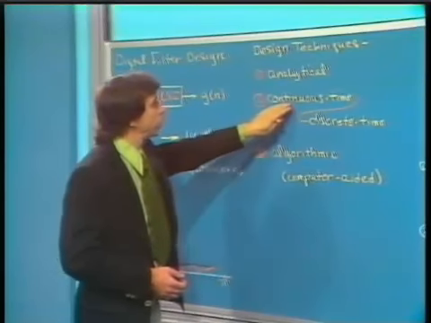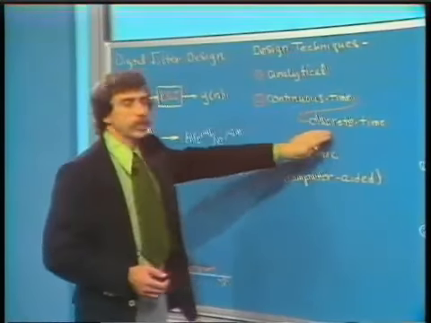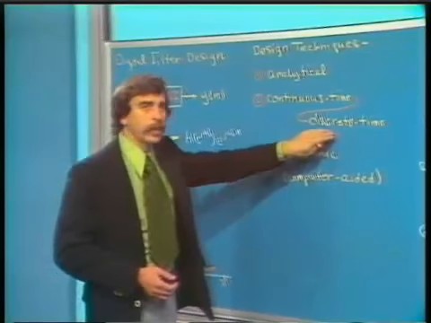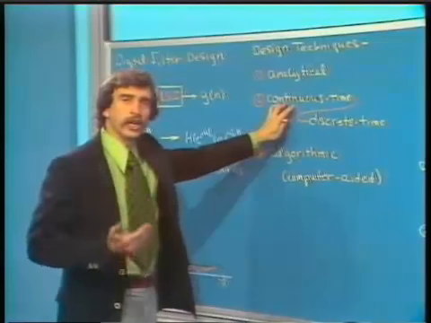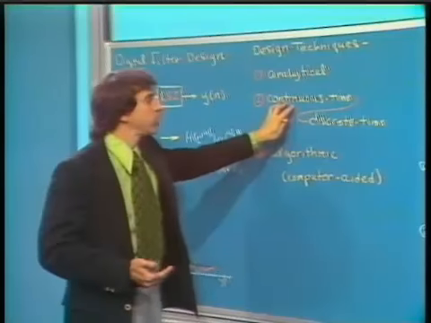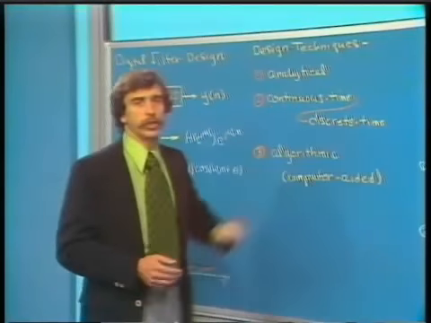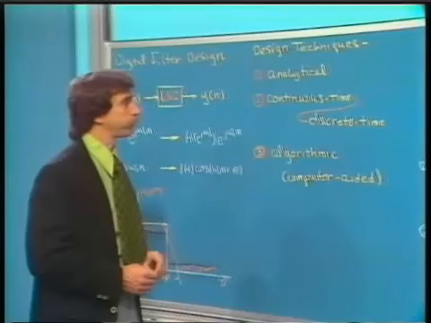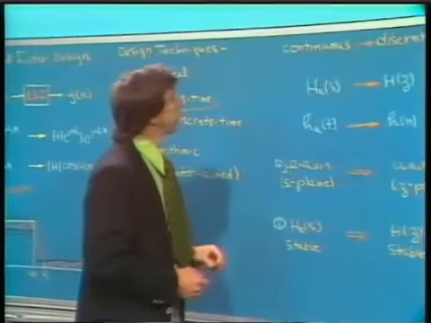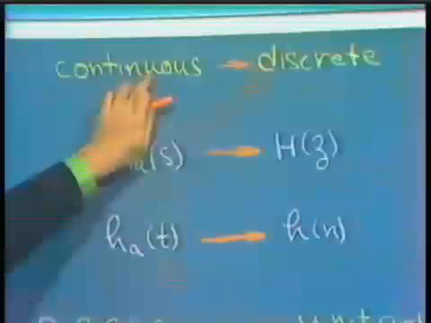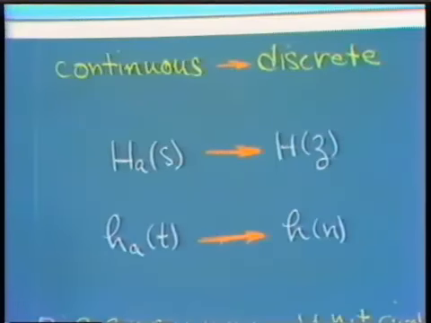All right, well, the first class of design techniques that I'd like to discuss are ones related to mapping from continuous time to discrete time, that is, taking analog filter design techniques and utilizing them for the design of digital filters. So the procedure basically is that we're mapping from continuous time to discrete time.